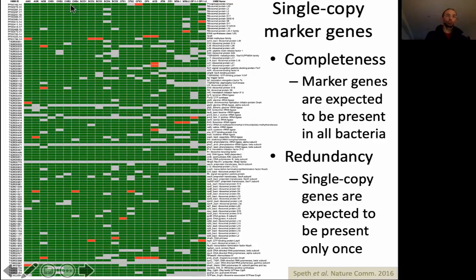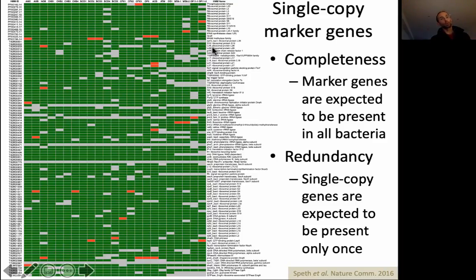And what you can do is when you create metagenomic bins, which are supposed to represent complete bacterial genomes, you can count how many of these single copy marker genes are present in the bin, and by doing so you can estimate a percentage of completeness of this bacterial genome.